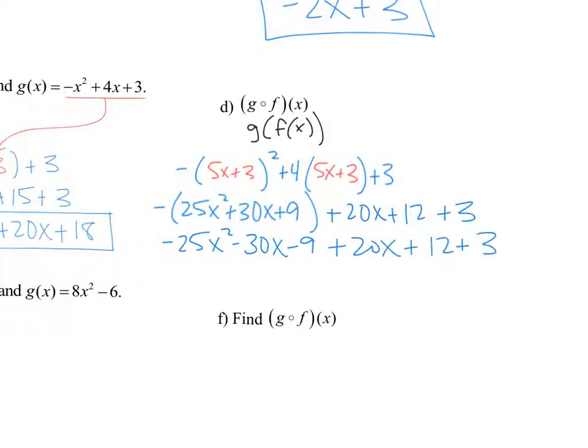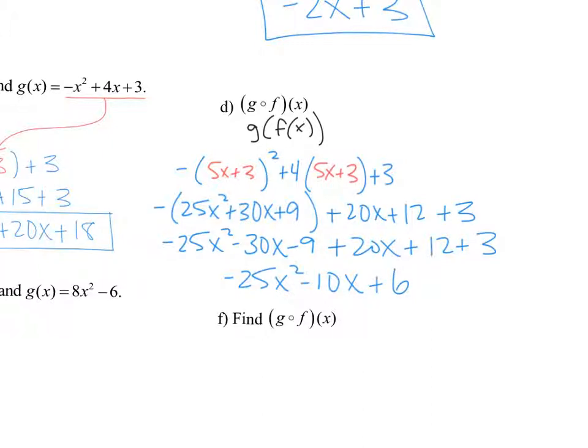Now all I have to do is combine like terms. I distributed the negative, so I end up with negative 25x squared. When I combine my x terms, I just get negative 10x. And when I combine my whole numbers, my negative 9, my positive 12, my positive 3, I think that gives me positive 6.